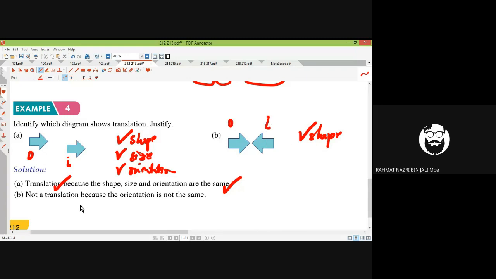Size is also the same, object size and image size. And then here the orientation is different. One is to the right, the other one is to the left. So orientation is different. So we cannot say this one is a translation. So no for translation. This one is yes.